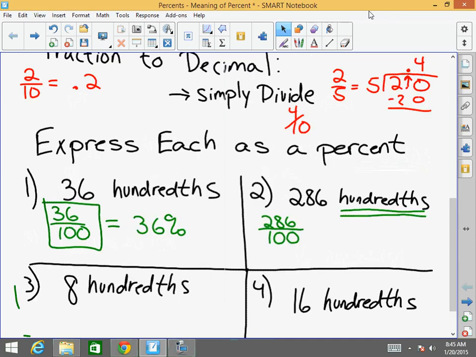Guys, think about it. Didn't we say that anything over 100 is a percent? So 286 hundredths would be read as 286%.